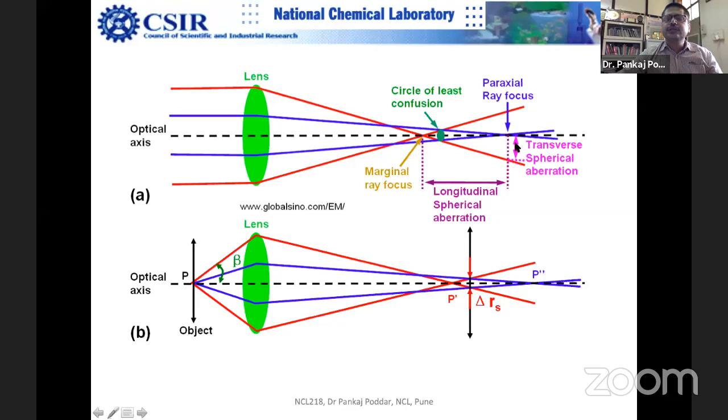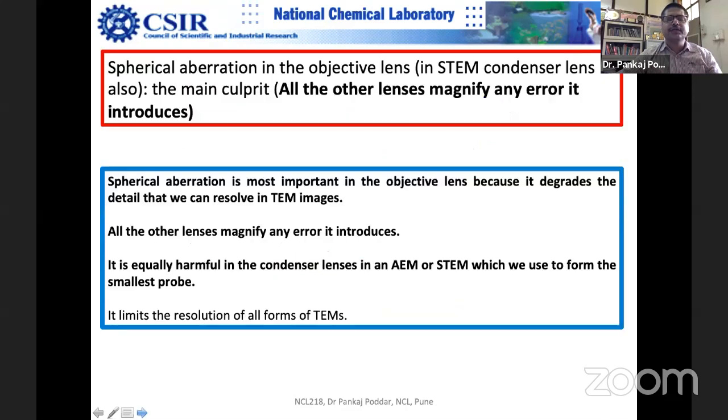Now you can see that this is the transverse and this is the longitudinal spherical aberration, and this is what we call the paraxial ray focus. You can study these graphs and schematics yourself when you get the slides later on.